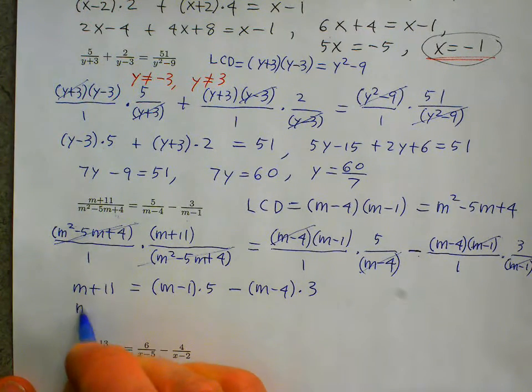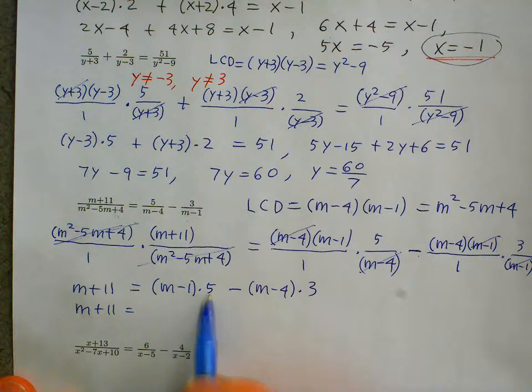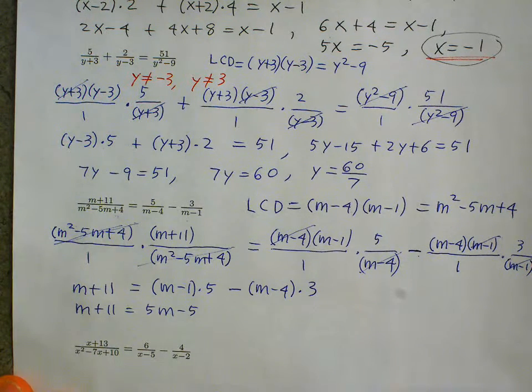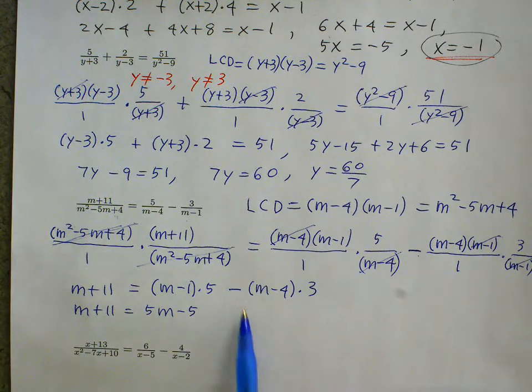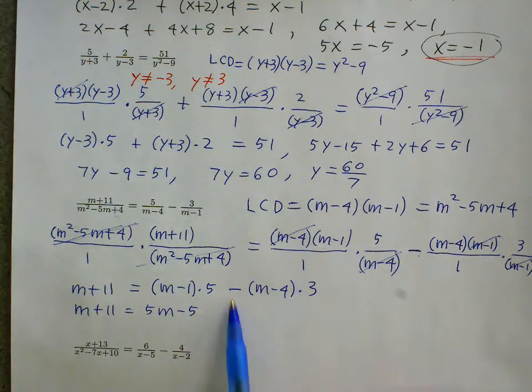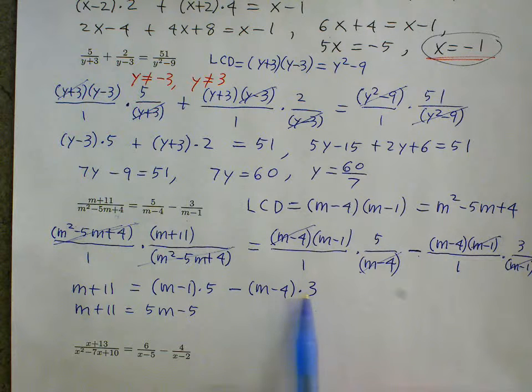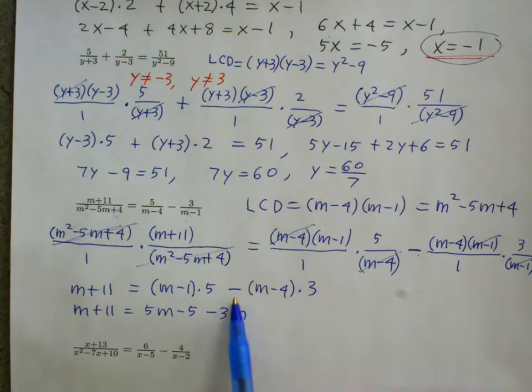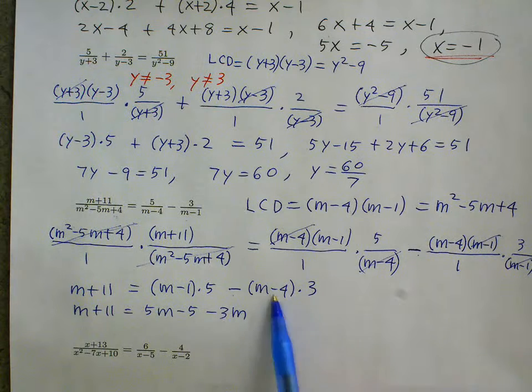Okay, in the next step, write m plus 11. M minus 1 times 5 is 5m minus 5. And here we have to subtract the entire product. So we have to subtract m times 3, or minus 3m. And we also subtract negative 4 times 3.